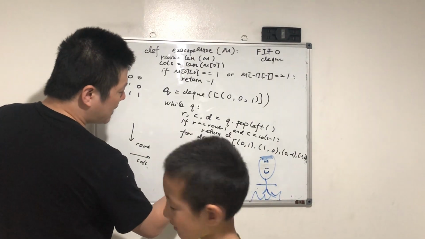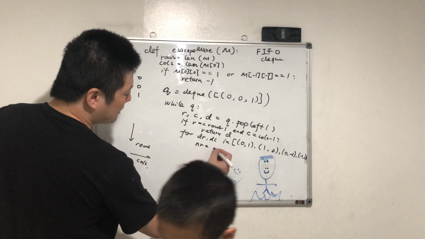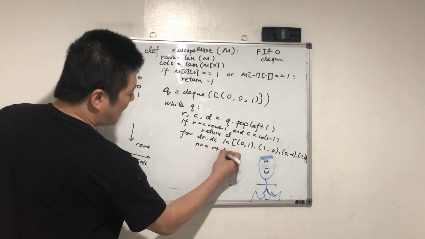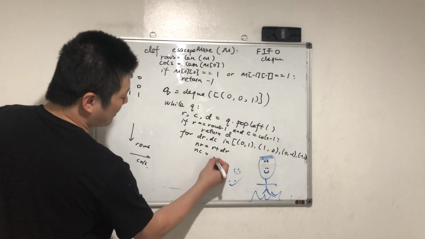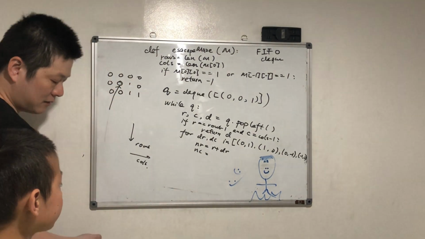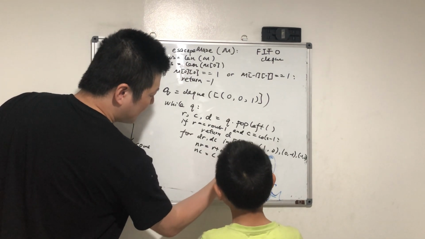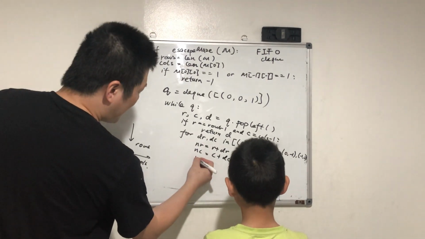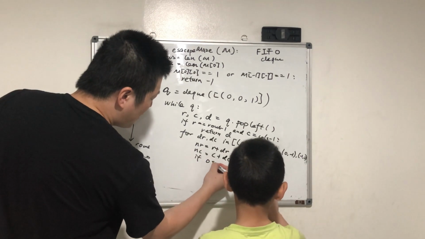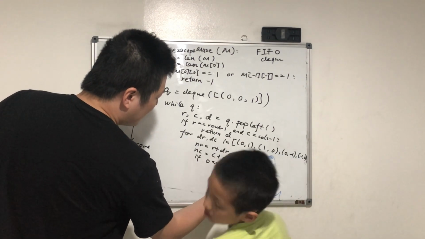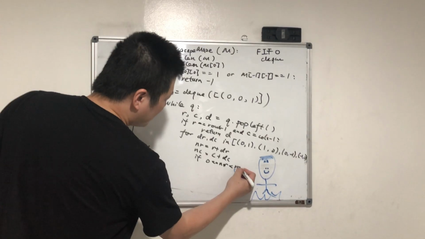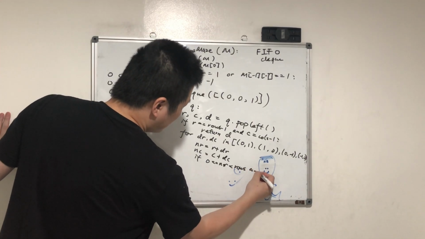Look, and then NR equals R plus DR. And can you tell me NC equals what? C plus DC. Okay. If 0 is smaller than or equal to NR, smaller than rows, right?